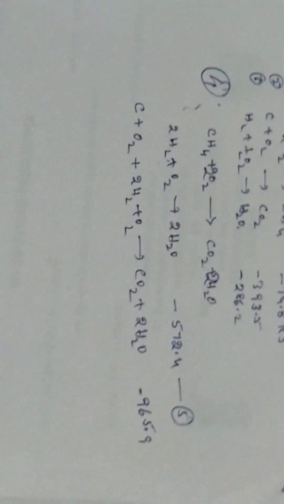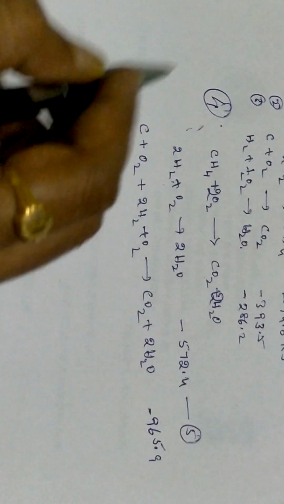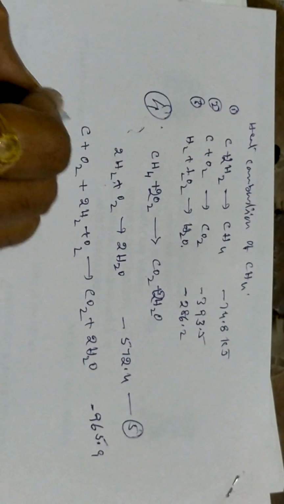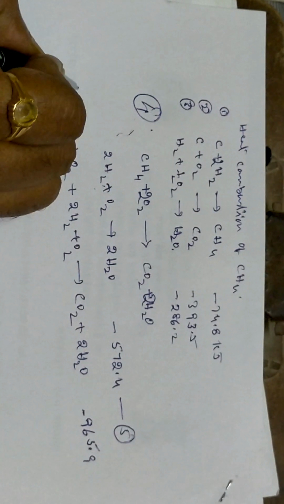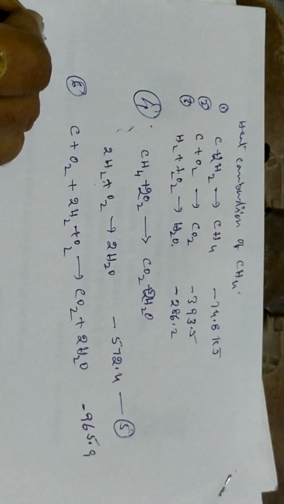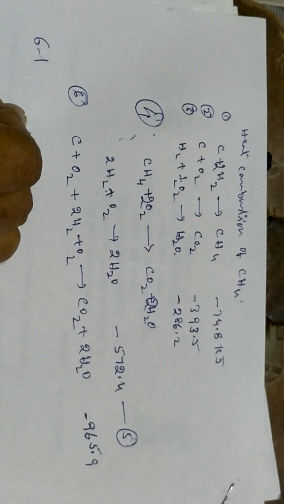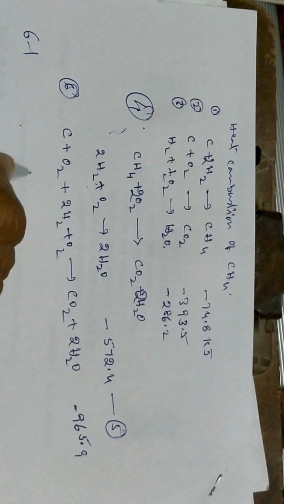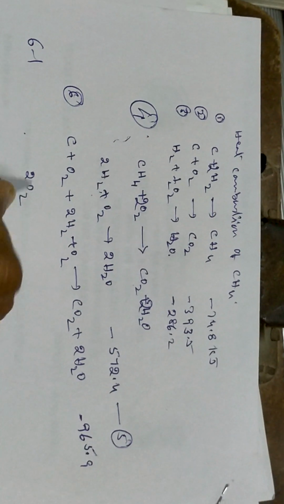Now if I deduct number 1 from this equation, I think we will get the answer. So deduct, if you take equation 6 minus 1, C cancels, H2 cancels, and 2O2 is left on the left side.